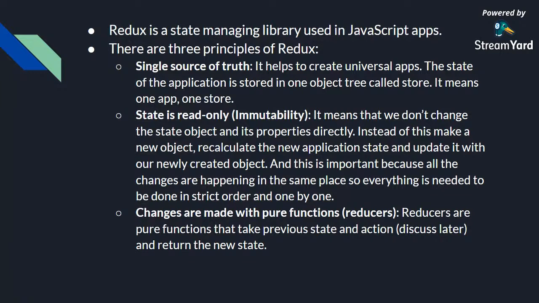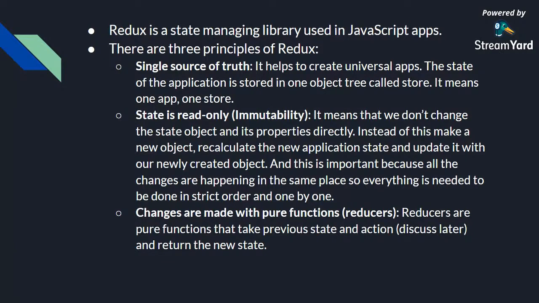So, to create a clean flow, we are introducing the following rules, which we are going to discuss in the later section, to update the state. We cannot change the state of a Redux store directly. They are immutable. Changes are made with pure functions. So if we cannot change the value of a state directly, then you might ask how we will change the value of the state.